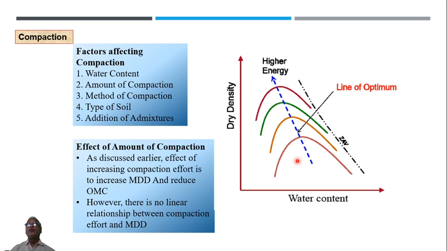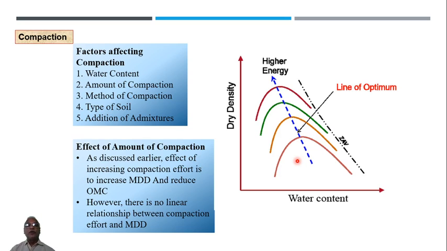Now if you make it drop from 40 centimeters or 50 centimeters, with the same 2.5 kg rammer, then obviously you have increased the compaction effort. Still one more way is, instead of 2.5 kg, you use 4.5 kg, 5 kg, 10 kg. If you have a bigger rammer, then though you are keeping everything else the same, that is 3 layers and 25 blows, you have increased the amount of energy used.